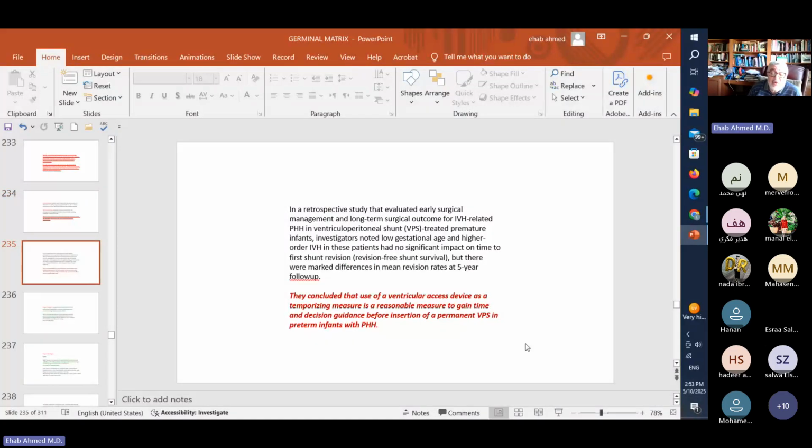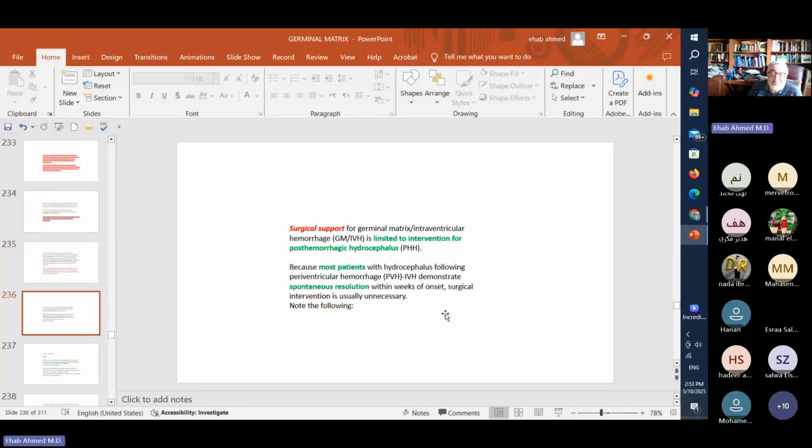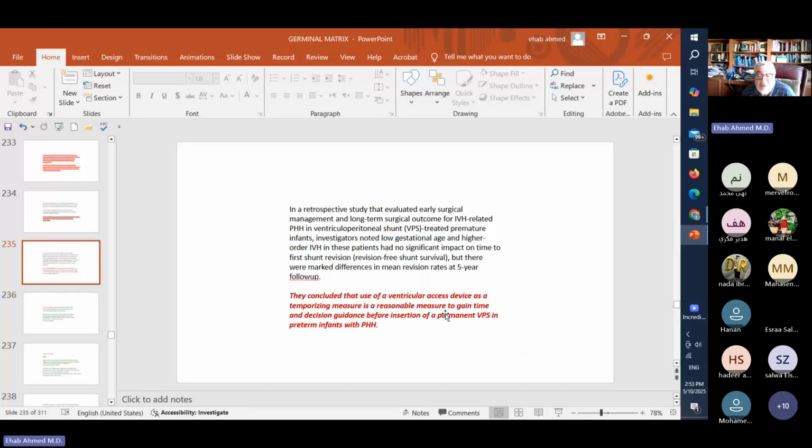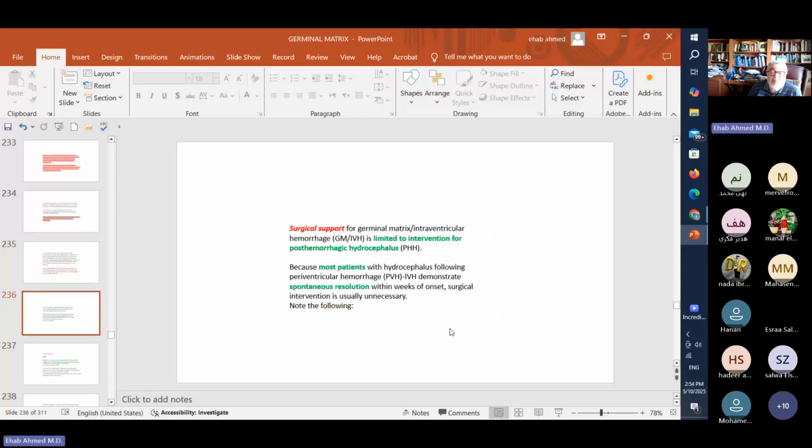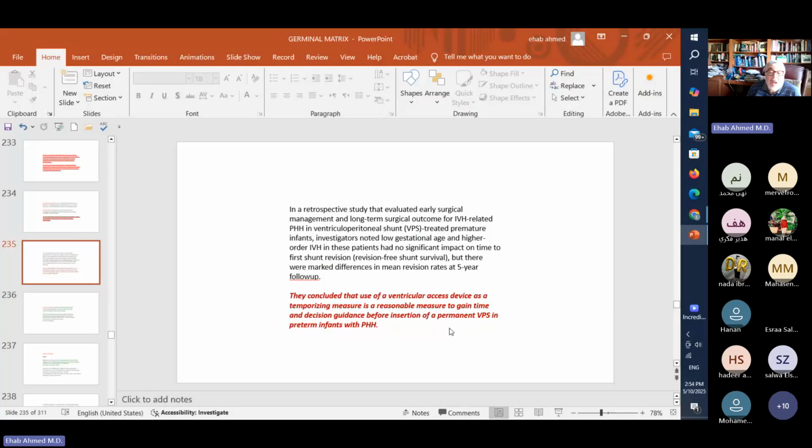There is also the use of ventricular access device, VAD. It is a temporizing measure, reasonable to gain time in decisions about insertion of a permanent VPS. You can do it, but it is also transient.